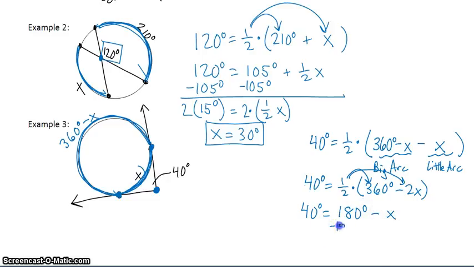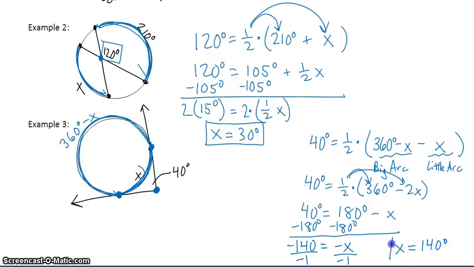Undo what's happening to x. Divide both sides by -1, or I could multiply both sides by -1, and I'm left with x equals 140 degrees. So if x is 140 degrees, that means that this arc is going to be 360 degrees minus 140.